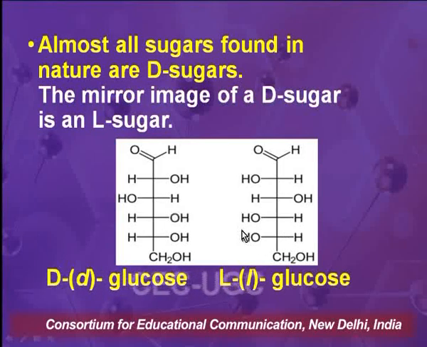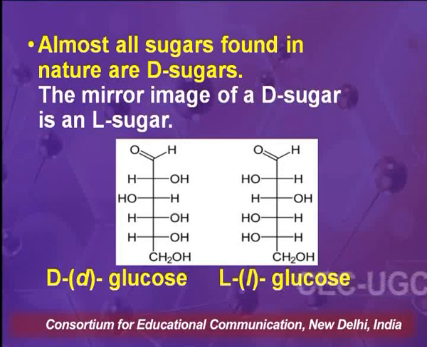So what you have to remember is that DL configuration refers to the position of the OH at the highest numbered asymmetric carbon with reference to glyceraldehyde taken as an arbitrary standard.